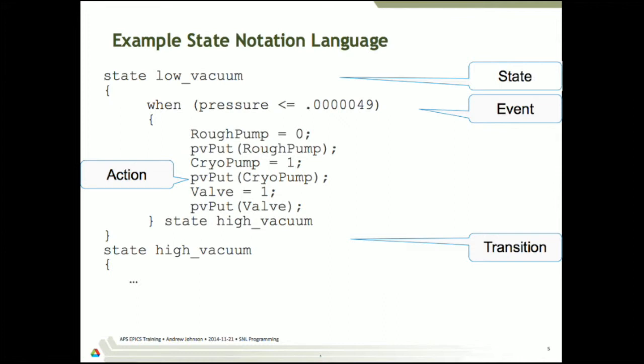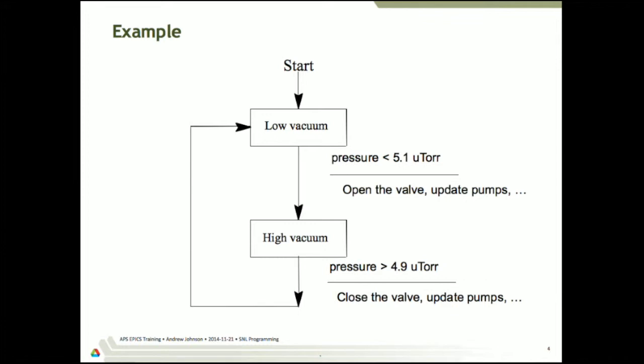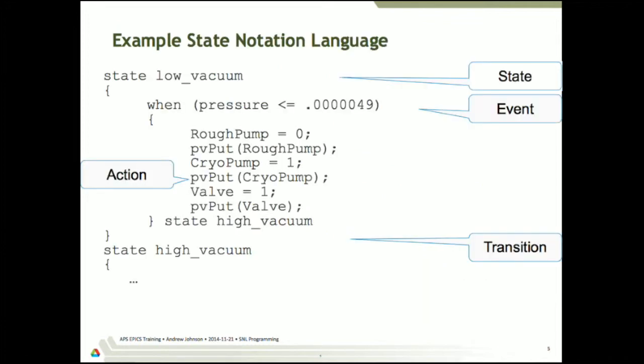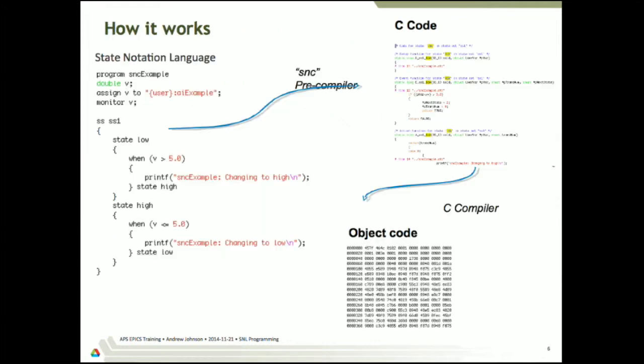But basically the idea is we can translate this diagram with its events and actions and state names into text in this format, which is very C-like in terms of language, and then present that to our state notation compiler.